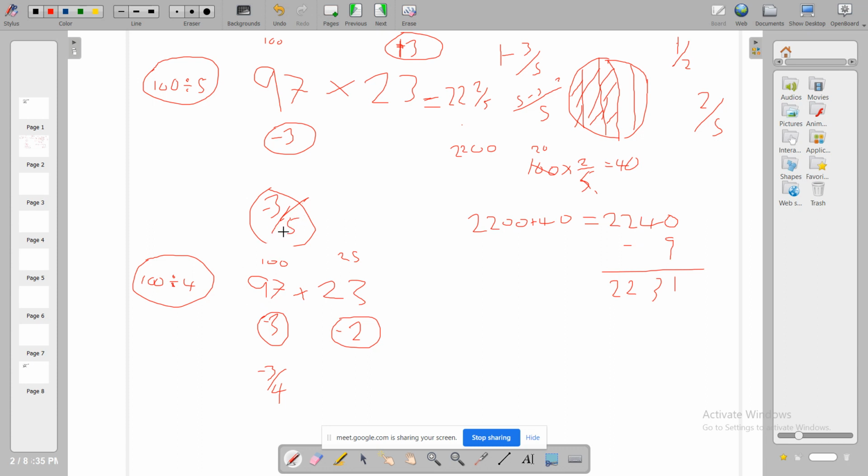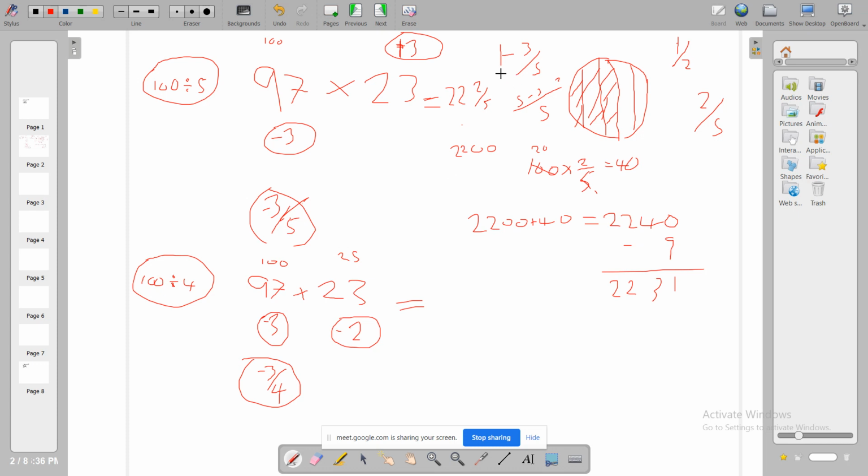Minus 3 divided by 4, subtracted from 23, will give us what? You realize that we have a circle of 4. 23 minus 3 over 4 will give us what? Who can tell me?